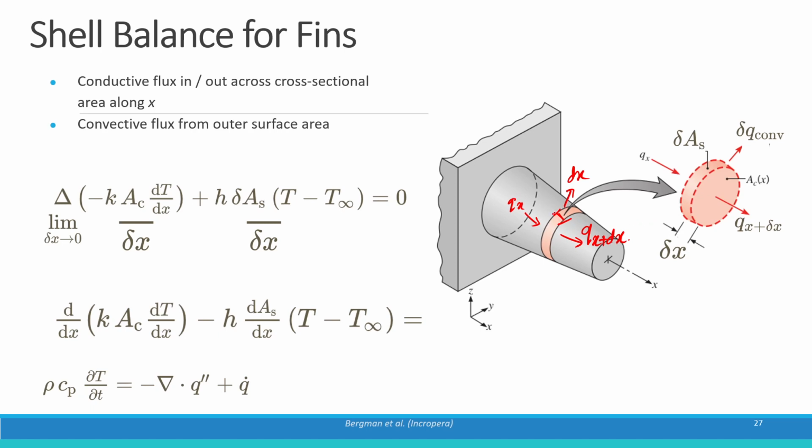Then we can write the heat balance across this system, that is qx minus q(x+dx) minus whatever heat transfer is occurring through this small section, that is h into small area, we are calling it delta As, times (T minus T infinity), where T is the temperature at the surface and T infinity is the ambient temperature.